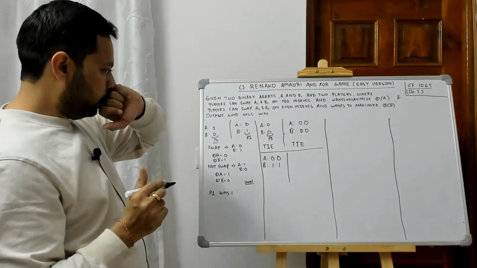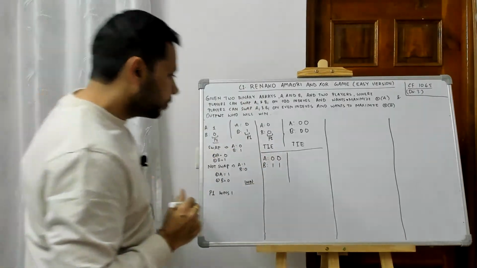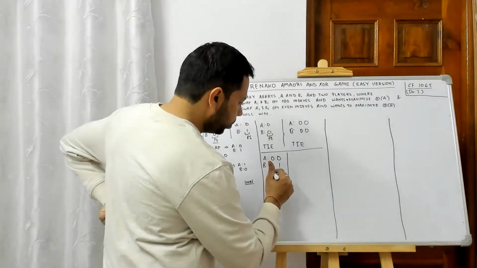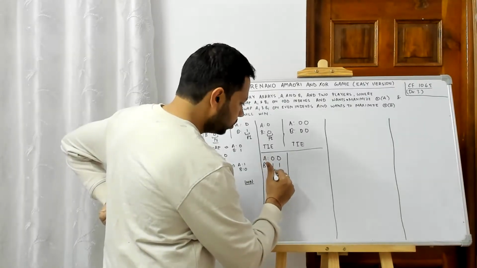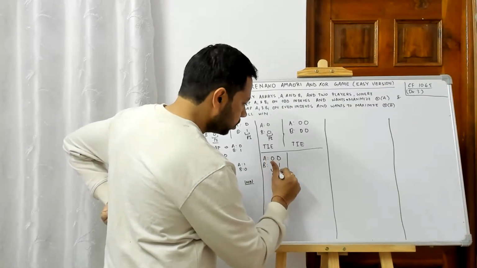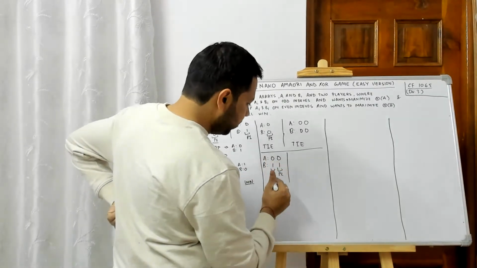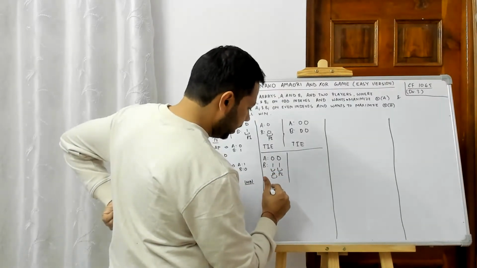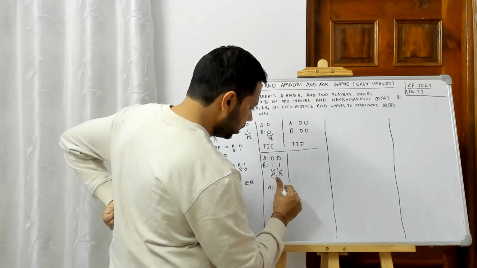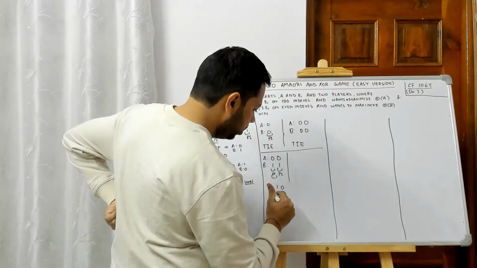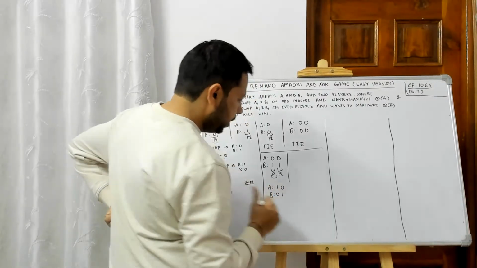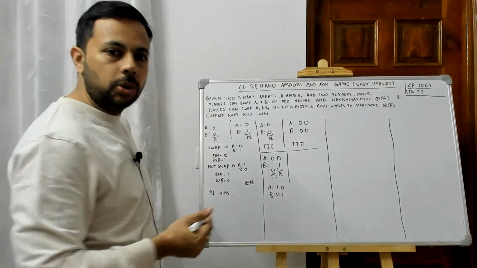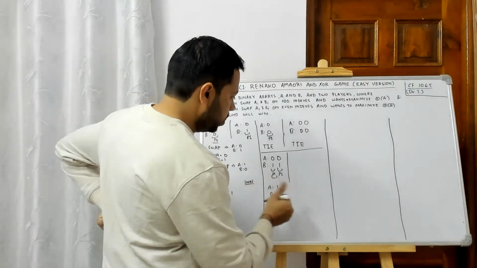Here it is going to be a tie because there are few scenarios. This is player 1 and this is player 2. Now if player 1 decides to swap, then this will become A as 1 0 and B as 0 1, and both of their XORs will be 1.